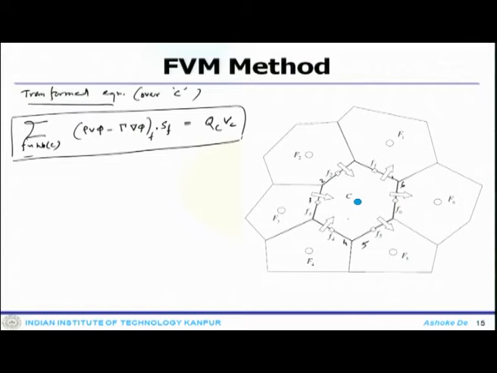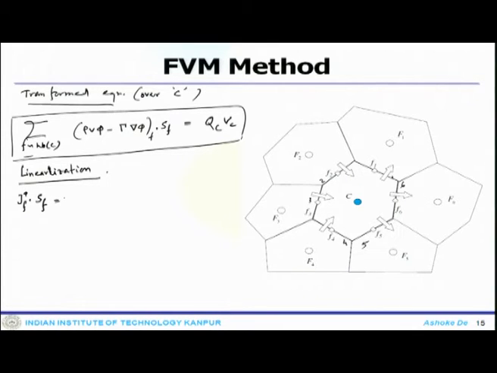Now, another thing that one may wish to do is linearization. Okay. So, you can linearize the system, and so how do you linearize the fluxes? You had this total flux JF dot SF.